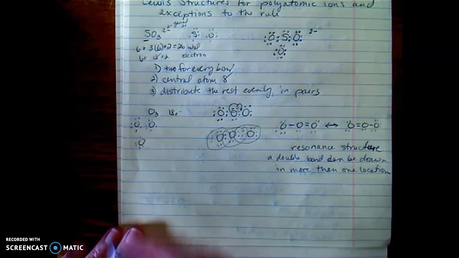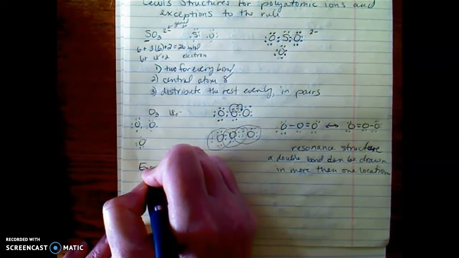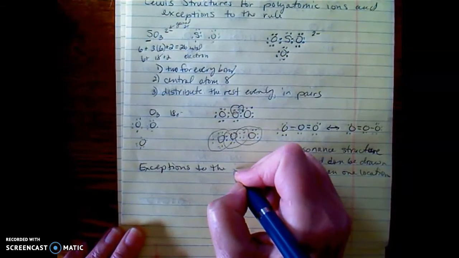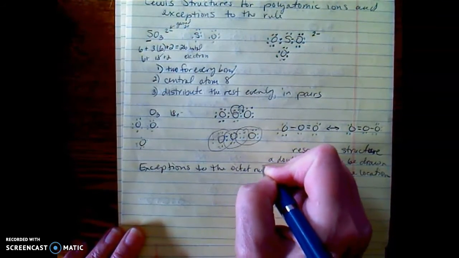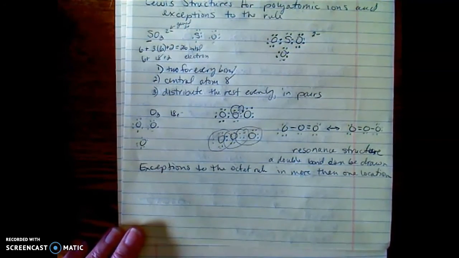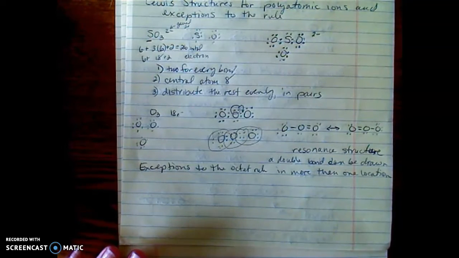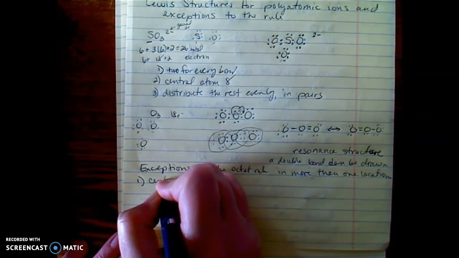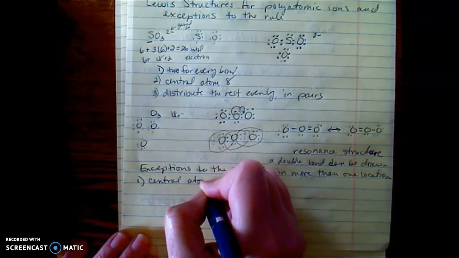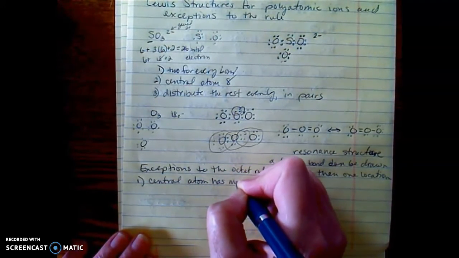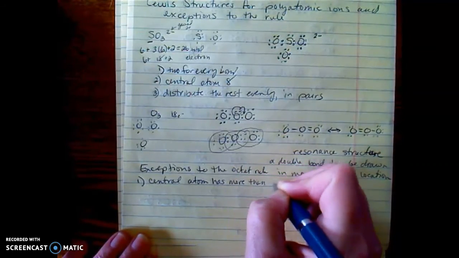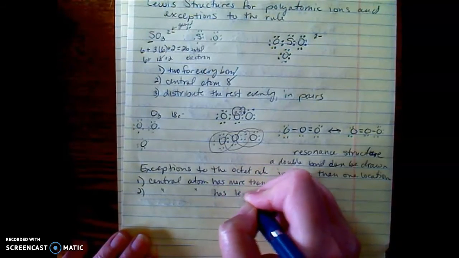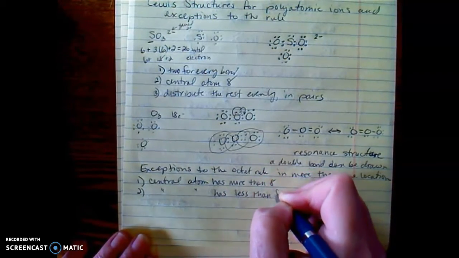Next, we have to look at exceptions to the rules. Exceptions to the octet rule is what it really is. Remember, the octet rule is telling us that every atom in our structure has to have 8. There are 3 exceptions. 1, the central atom has more than 8. 2, the central atom has less than 8.